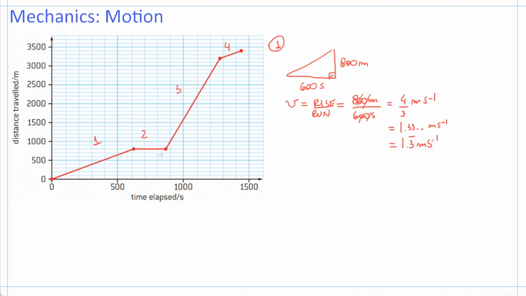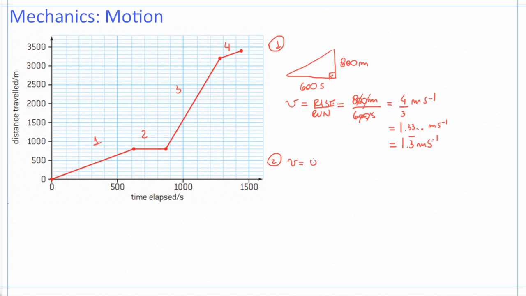In this case, we could still apply our gradient formula. The problem here is that if we try to do rise over run, our rise is 0. So time is passing, we are running on the graph in the x direction, but there's no change in the y direction.